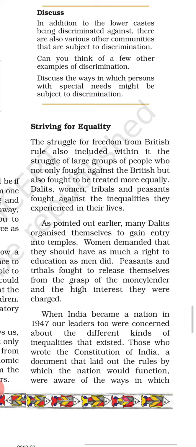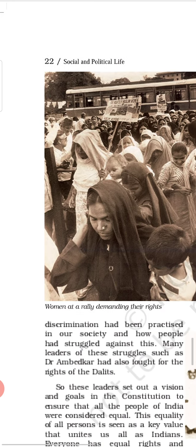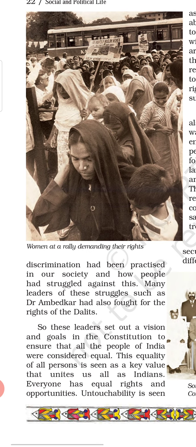When India became a nation in 1947, our leaders too were concerned about the different kinds of inequalities that existed. Those who wrote the Constitution of India, a document that laid out the rules by which the nation would function, were aware of the ways in which discrimination had been practiced in our society and how people had struggled against this.